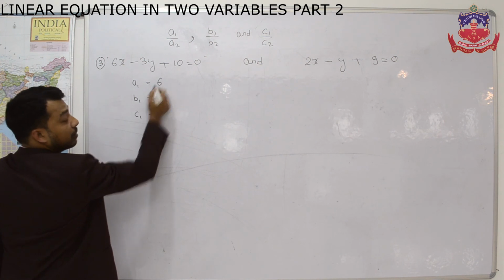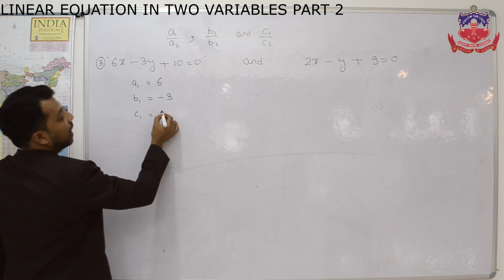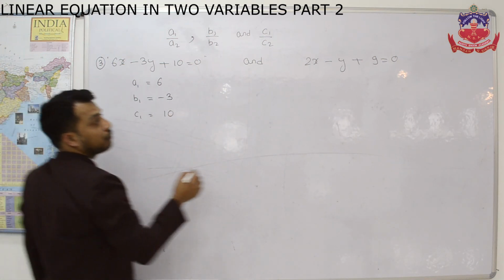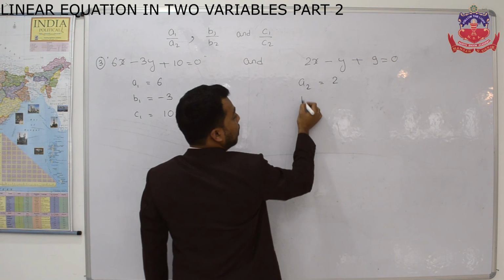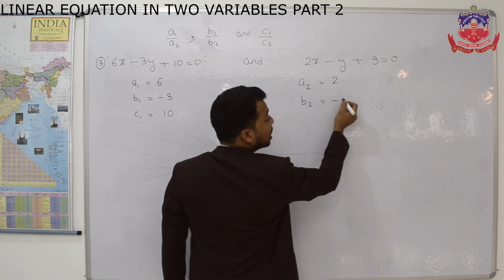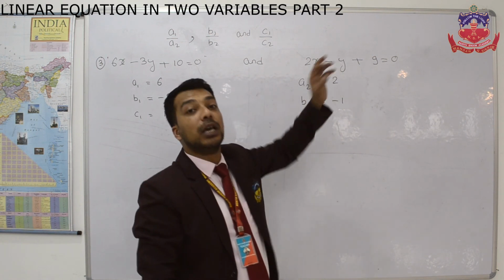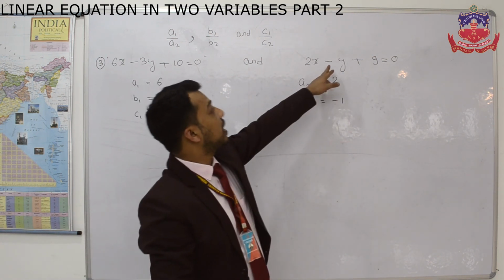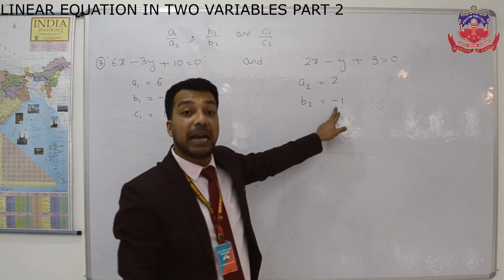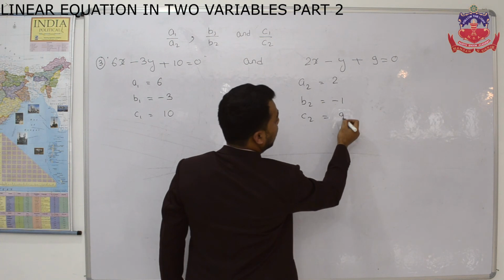A1 is plus 6, B1 is minus 3 and C1 is 10. For the second equation, A2 is 2, B2 is minus 1. Why minus 1? Because in front of a variable, if we do not have a number, the number can be taken as 1, and the sign is minus, so we have written it as minus 1. Then C2 is plus 9.